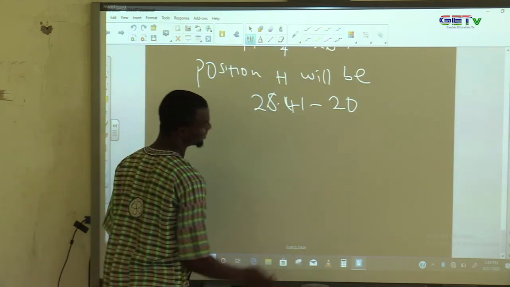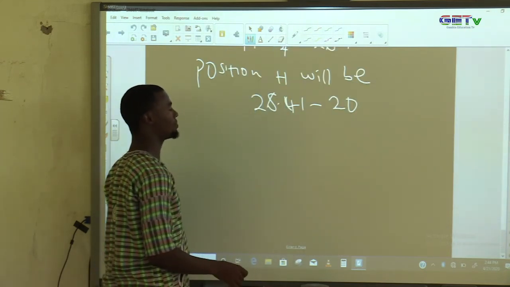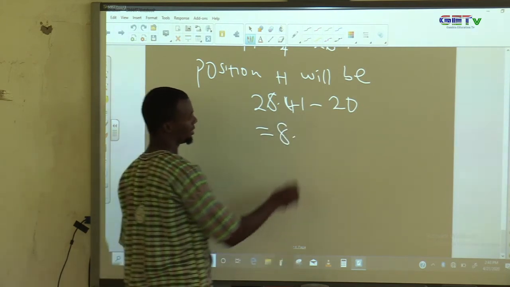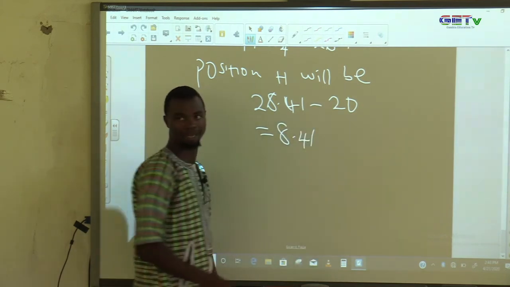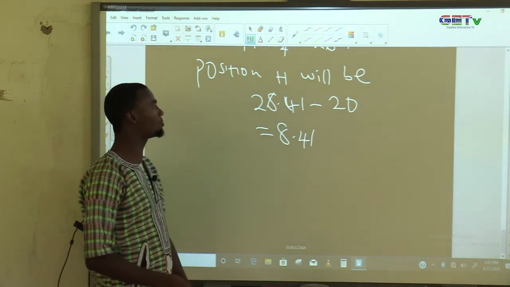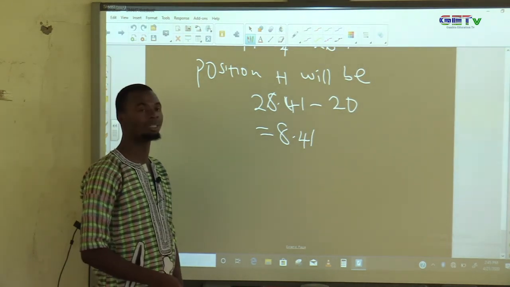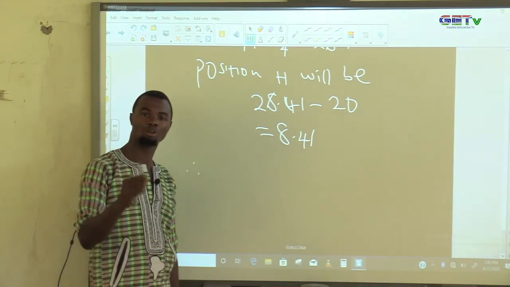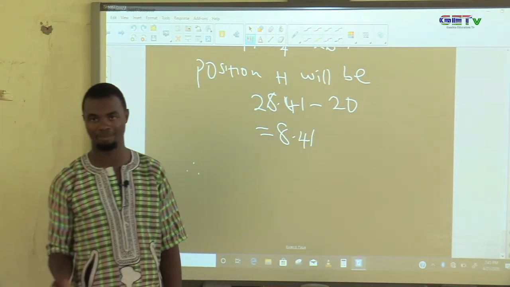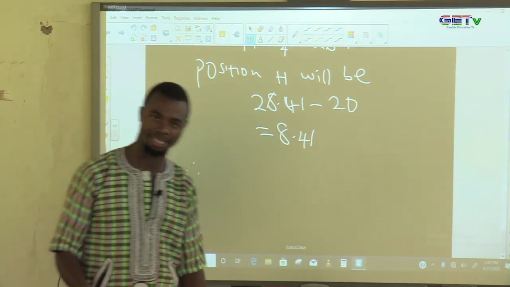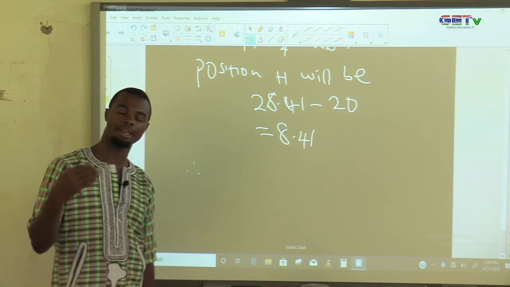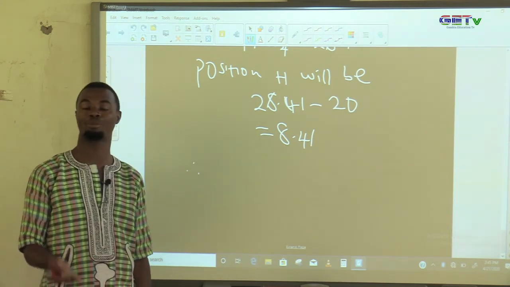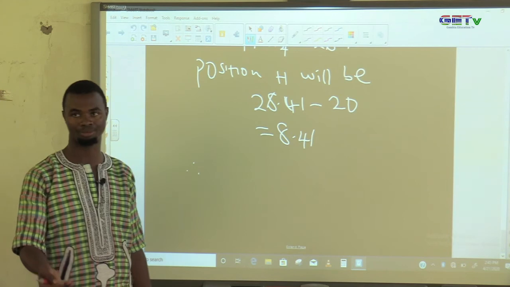Now what is that? 28.41 minus 20 will be 8.41. Therefore, if the angle of depression is to be 40, the position of H will be 8.41 meters away from its original position.